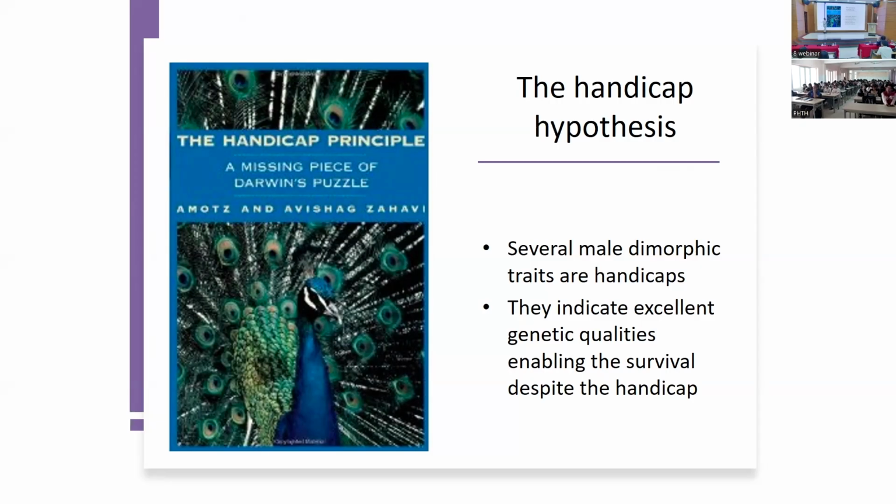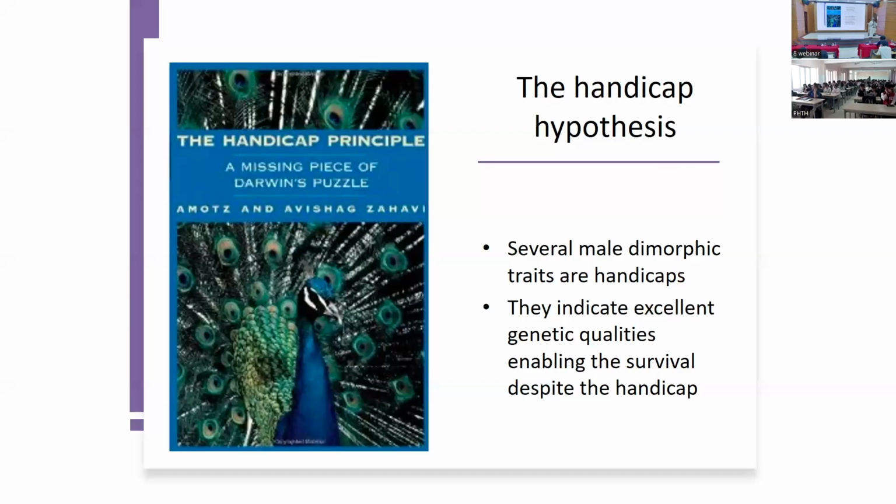And they said that a sexual ornament, usually a male sexual ornament, to work very well, to be very sexy, should be a handicap, which is absolutely nonsense. I will show you the handicap that I'm talking about. But for now, I need your trust. Trust me for a moment, and then I will demonstrate what I mean with handicap.